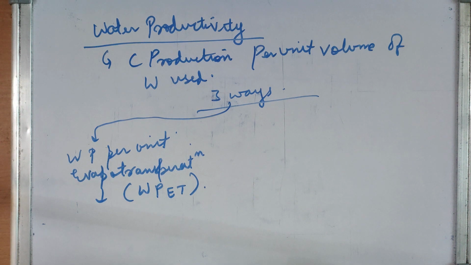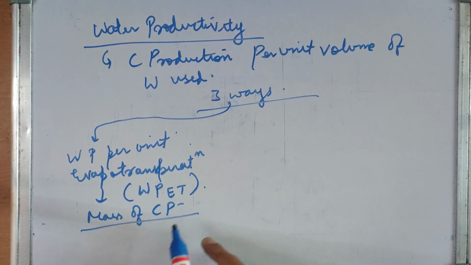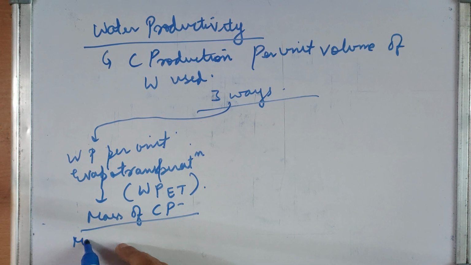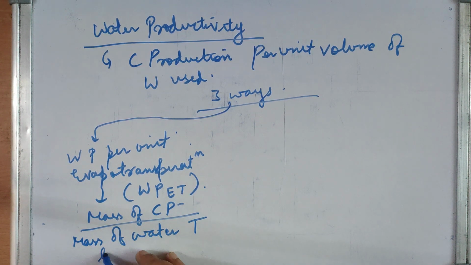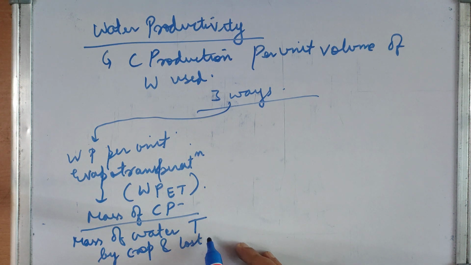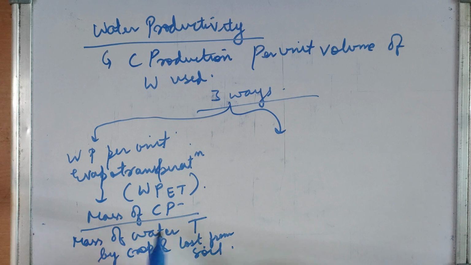It is mass of crop production divided by total mass of water transpired by crop, that is, mass of crop production divided by mass of water transpired by crop and lost from soil. So this was the first one of the three types of water productivity.